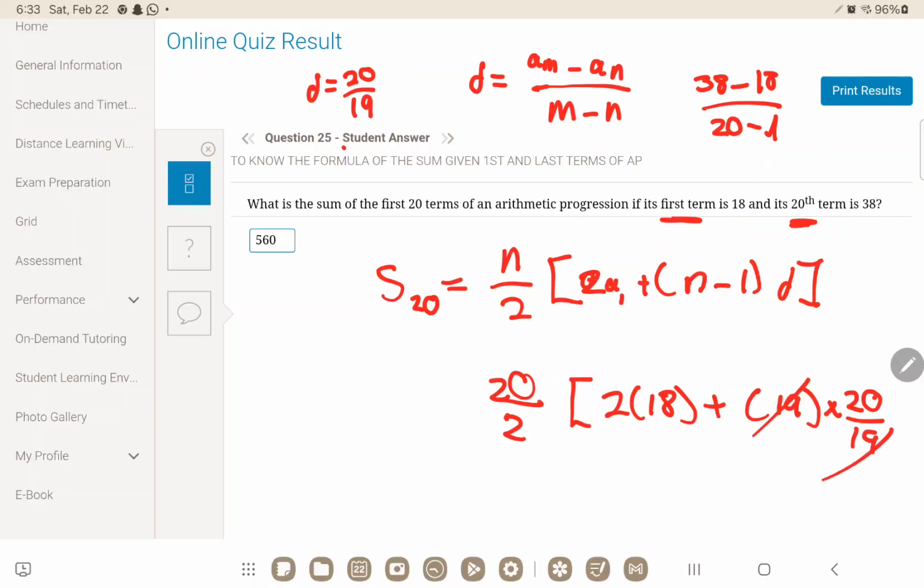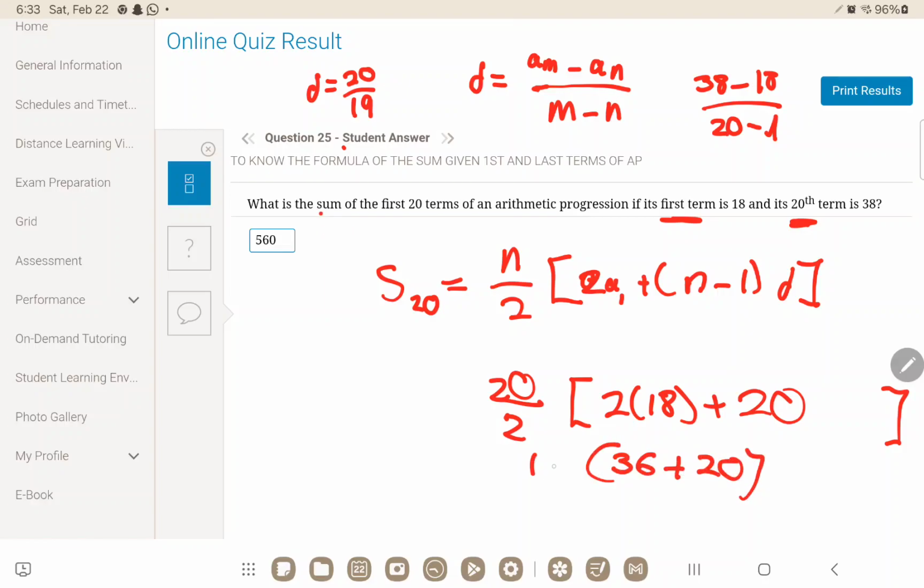So technically 19 cancels with 19, it becomes 20. So plus 20. So this is 36 plus 20, times 10. So 36 plus 20 is 56, so it's 560 because 56 times 10 is 560.